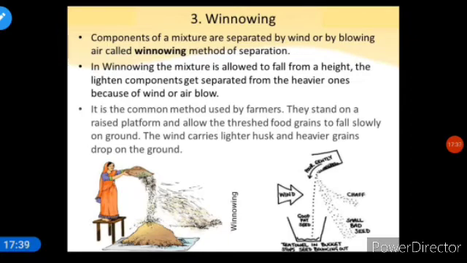The wind carries the lighter husk and the heavier grains drop on the ground. You can easily see in this diagram one woman standing on a table doing which process? Winnowing, and separating the husk from grain.